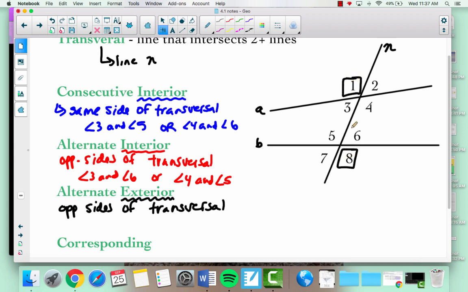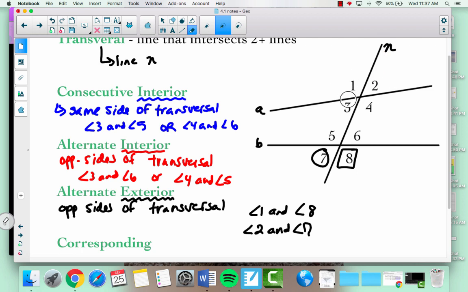So notice they're on opposite sides of line N, because line N we said was our transversal, and they're on the exterior of our other two lines. So 1 is on the outside of A, and 8 is on the outside of B. So angle 1 and angle 8 are alternate exterior, or we could say angle 2 and angle 7. So angle 2 and angle 7 are alternate exterior as well.